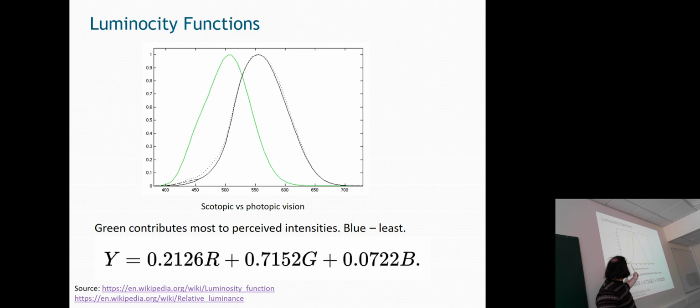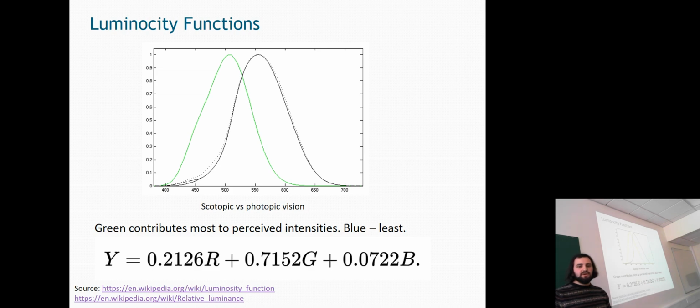As you see, we are most sensitive around 550 nanometers, which is the greenish area. To get luminance, the simplest way is to take R plus G plus B and divide by 3, but that's not very correct.